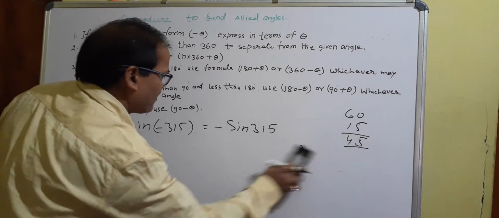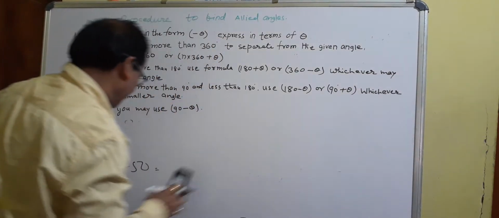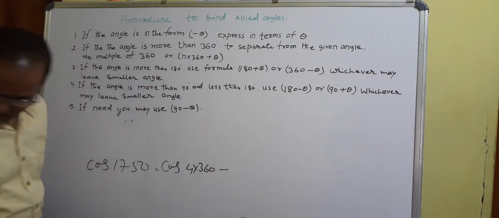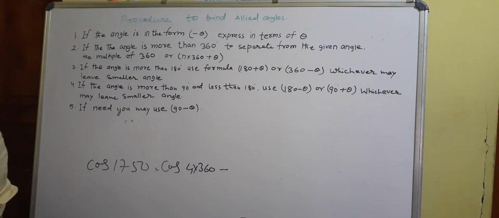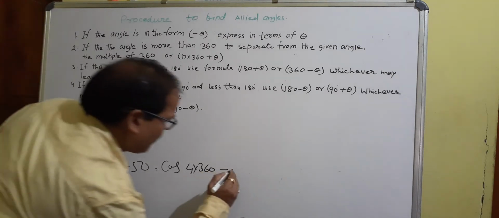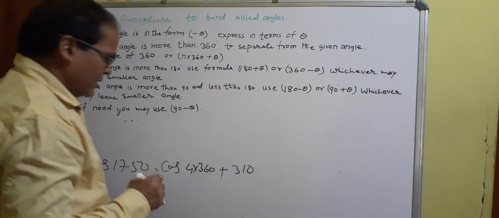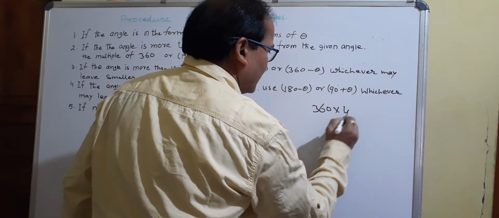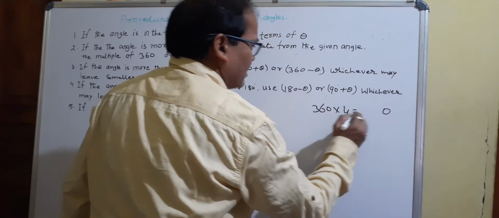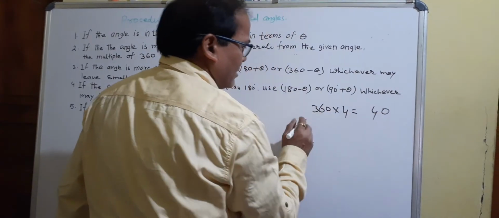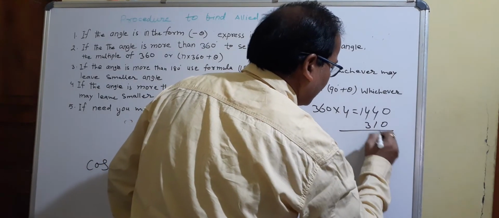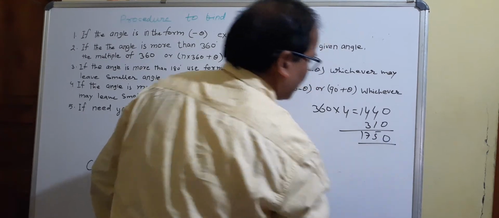So cos 1750 is equal to cos of 4 times 360 plus 310. 360 times 4 is 1440, and adding 310 you get 1750.